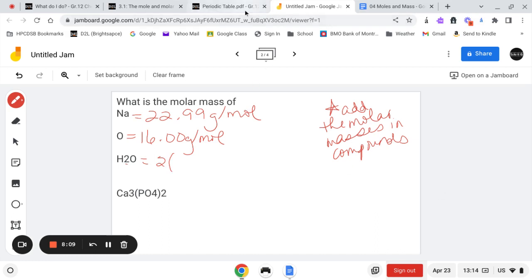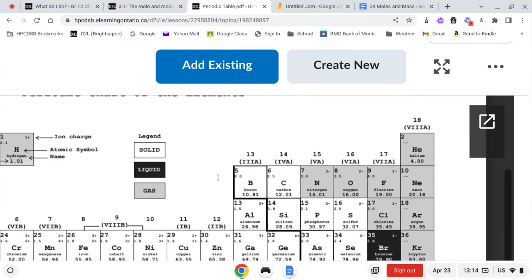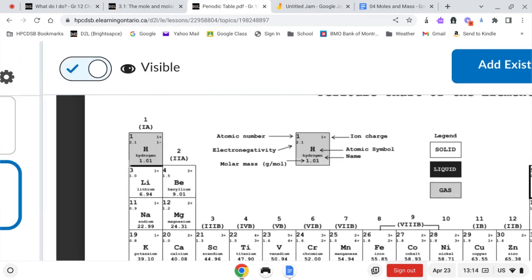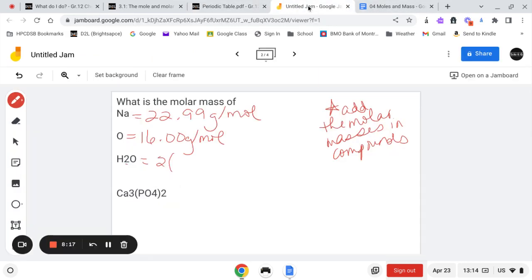We go over to the periodic table. What is the molar mass of hydrogen? Here it is right here, 1.01. So I have to say that there's 2 atoms of hydrogen times 1.01 grams per mole. And then I add on the molar mass of oxygen. And I only have 1 oxygen. So we just did oxygen above.